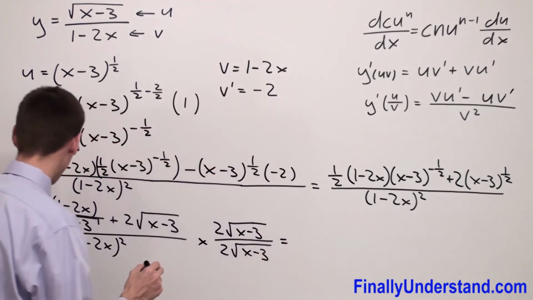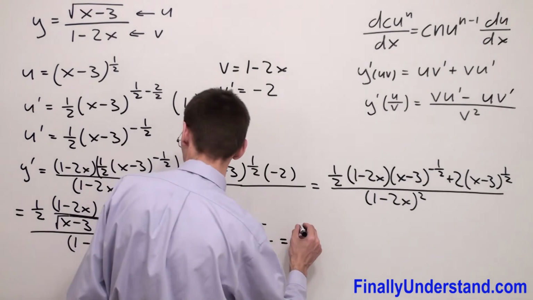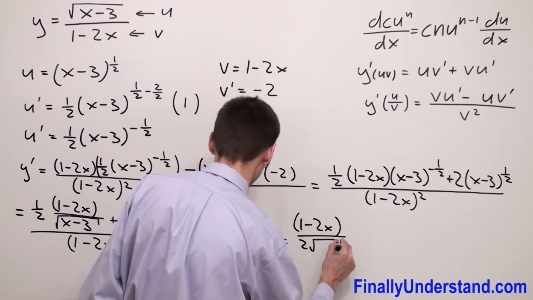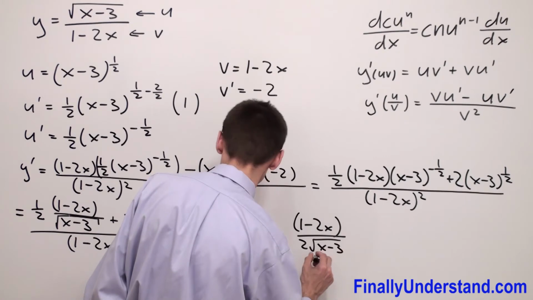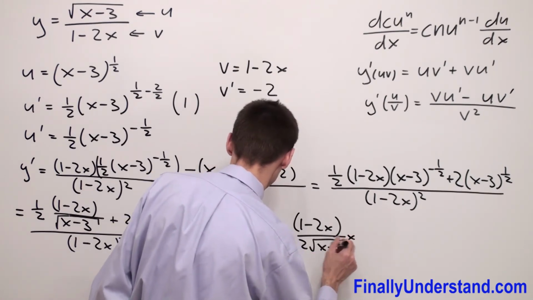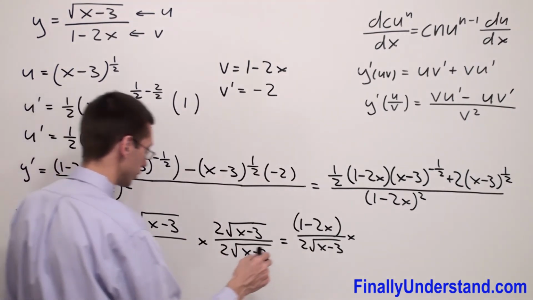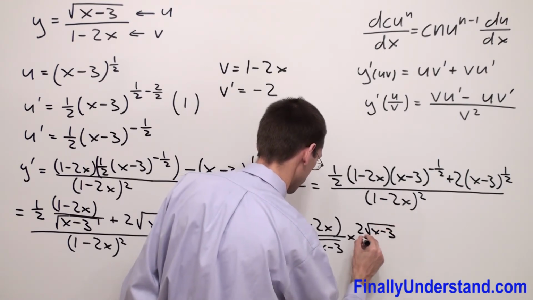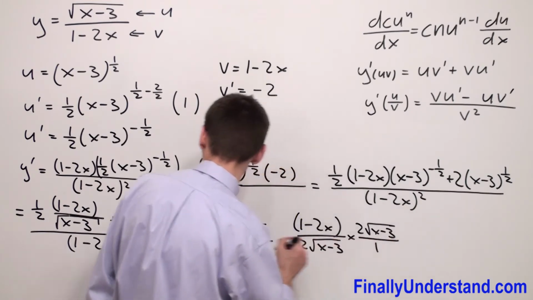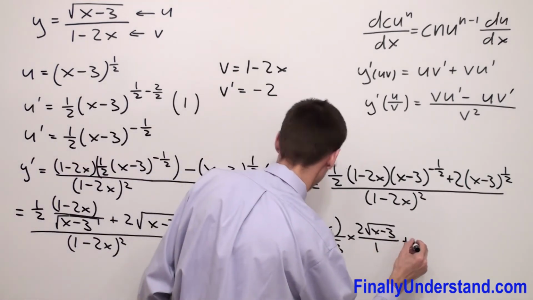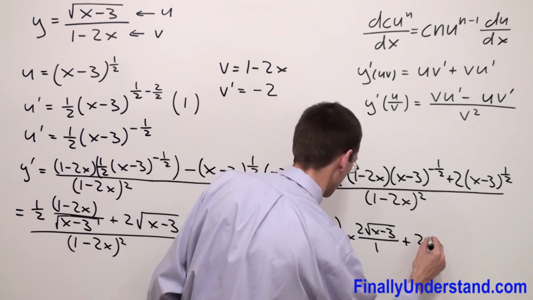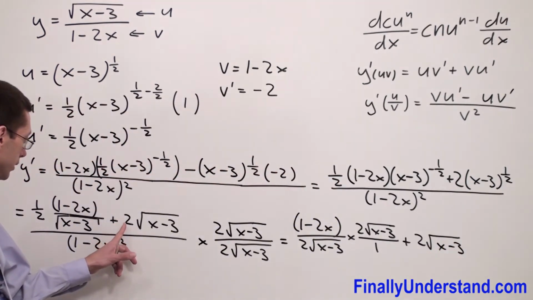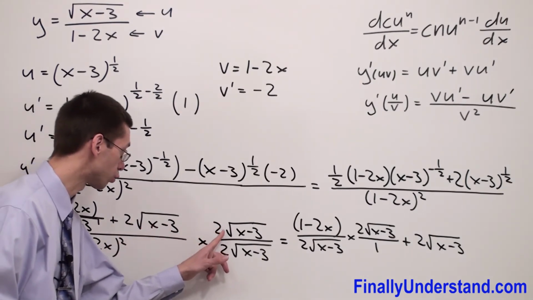Because I have 1/2 times this fraction, I'm going to rewrite it like 1 minus 2x over 2 square root x minus 3, times 2 square root x minus 3, over 1, plus 2 square root x minus 3, and I have to multiply 2 square root x minus 3 by 2 square root x minus 3.